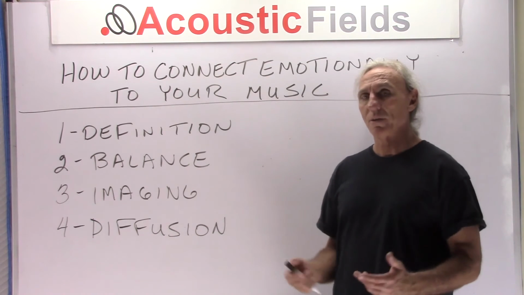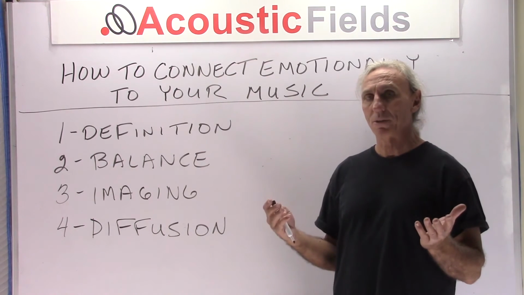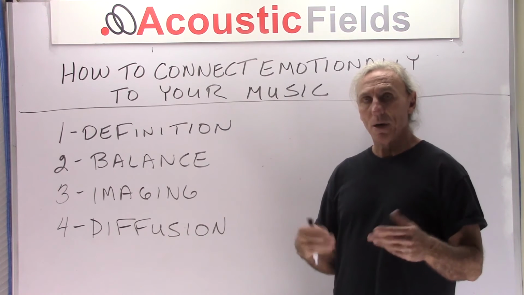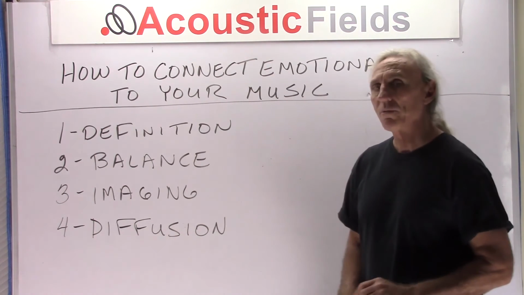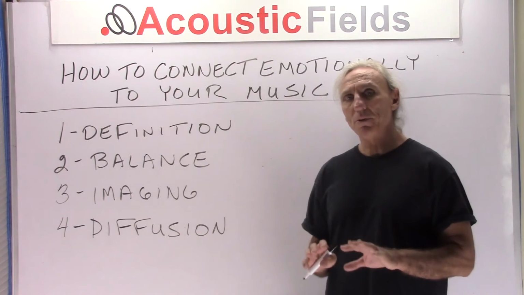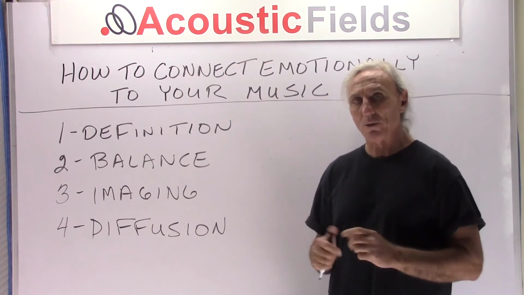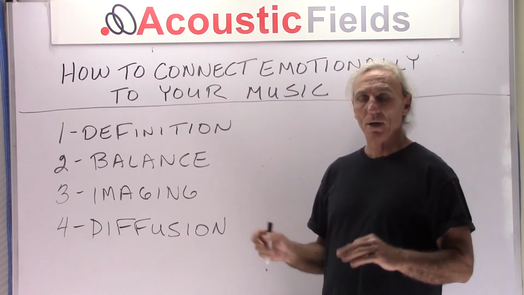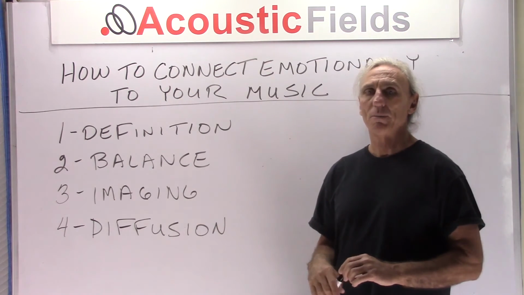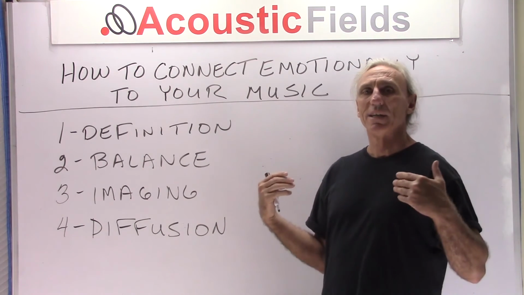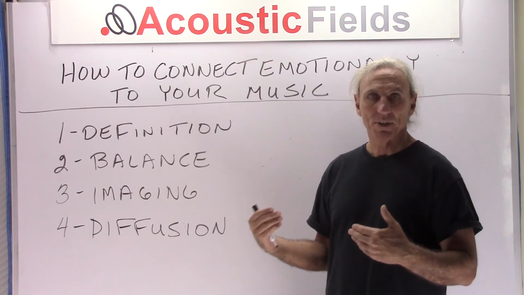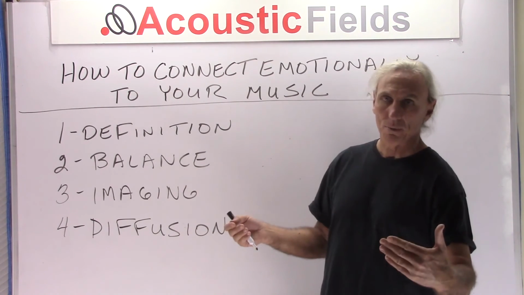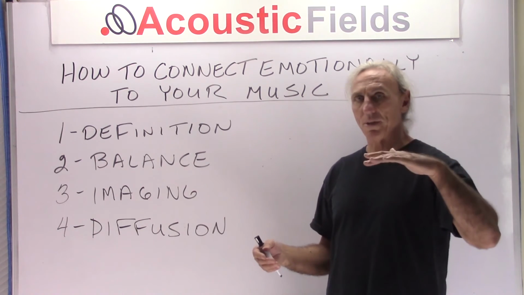So it's just the boundary surfaces that we are placed upon and have to work in as defined by our rooms. What does diffusion do? Diffusion affects the spatiality and localization of our brains. With proper diffusion in a room, our brains do not see, if you will, the distance in our rooms, the distance from the rear wall to the front wall, the distance from the floor to the ceiling.